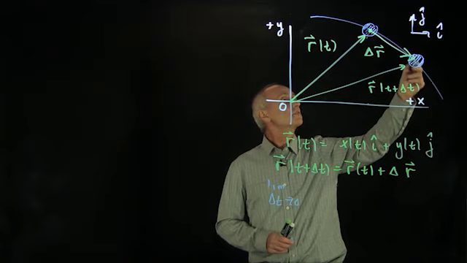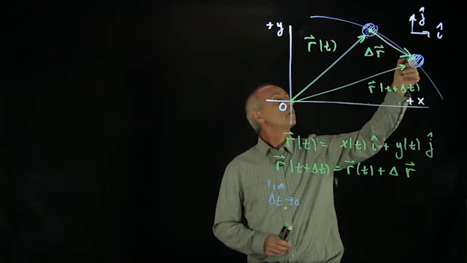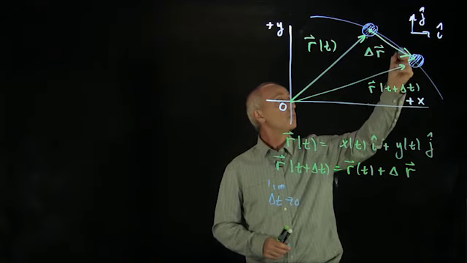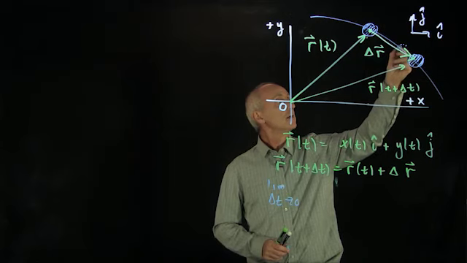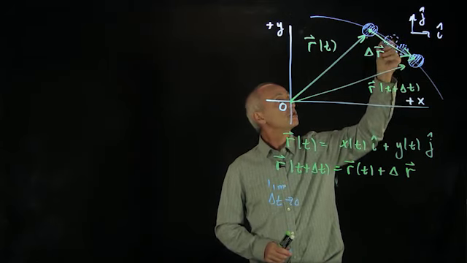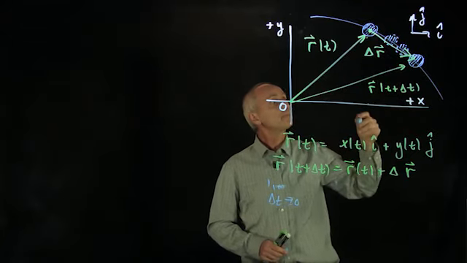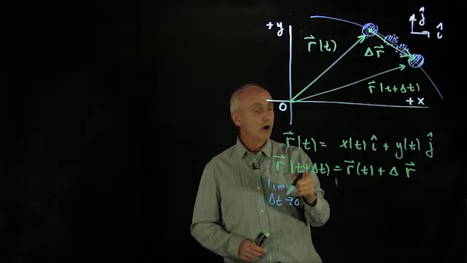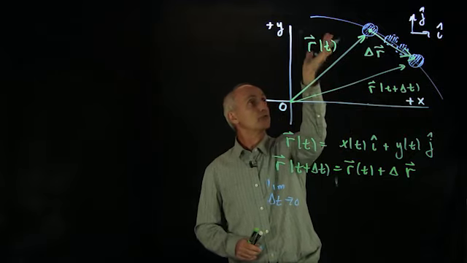As delta t gets smaller and smaller, our object is getting closer and closer to its position at time t, and the position vector r at t plus delta t is getting closer and closer to r of t.